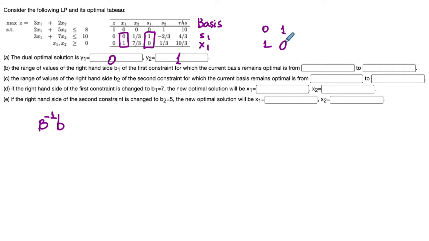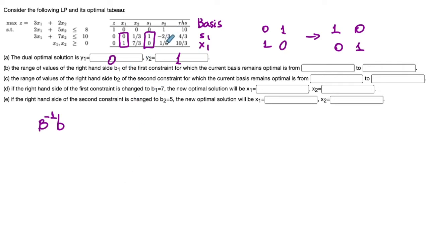We need to make the swap of the rows to transform this matrix into the identity matrix. So therefore, we need to swap the rows of our tableau in order to be able to read B inverse from the columns corresponding to the slack variables.